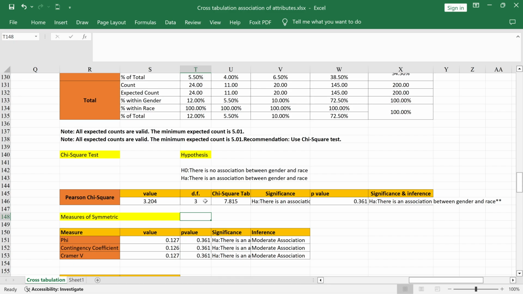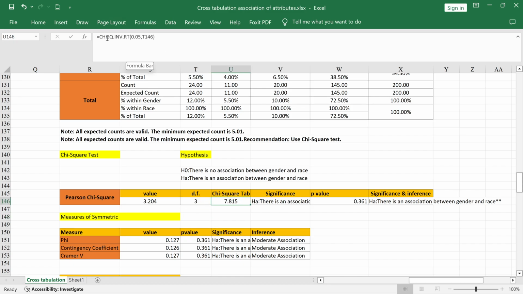After this, we have our calculated chi-square value. This value is calculated from our data, but there are standard table values that we need to compare it with. You can see here 7.815.